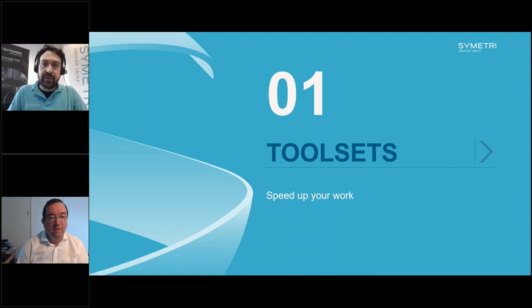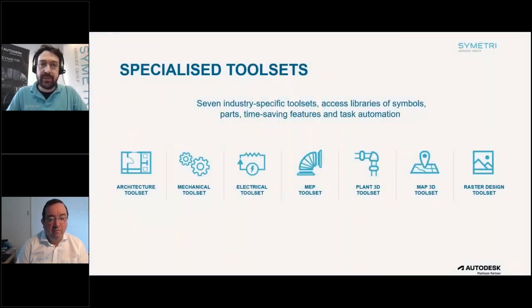There are 7 tool sets, and they are included with your AutoCAD subscription. You can just access your Autodesk account and download them from your Autodesk profile, and you can install this tool set that can help you with specific components or parts.